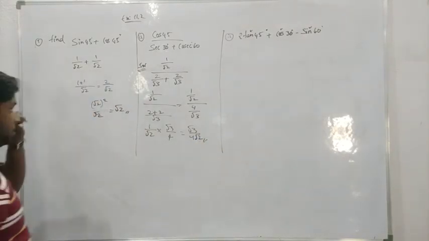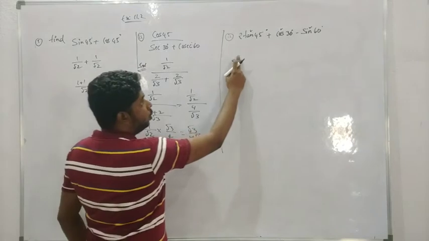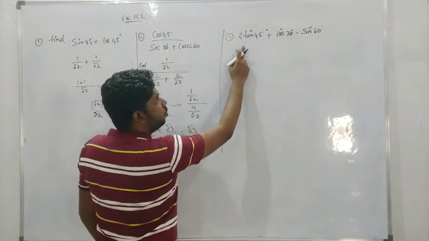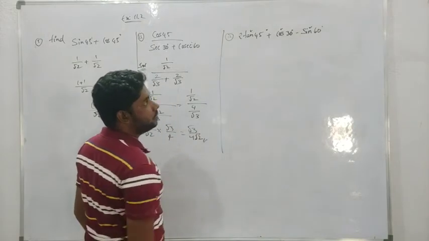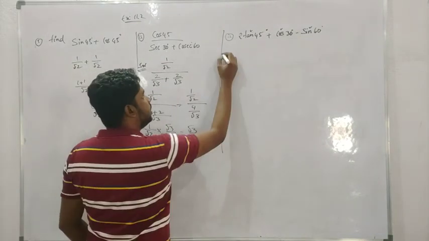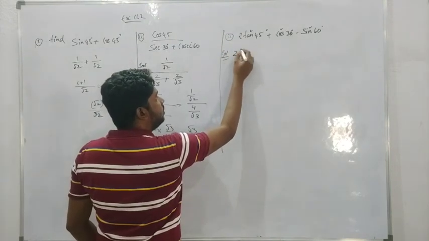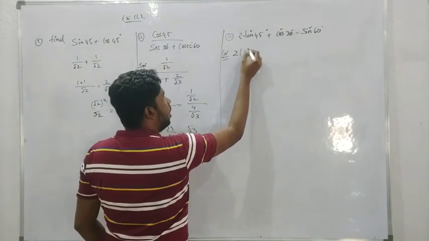Okay. Now third question, given 2 tan square 45 plus cos square 30 minus sin square 60. Okay. Solution: the tan 45 value is 1, to square.